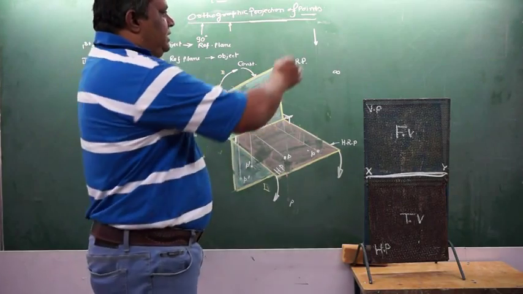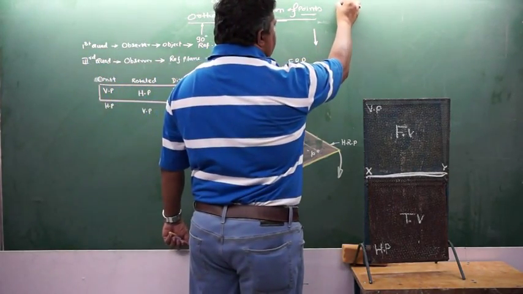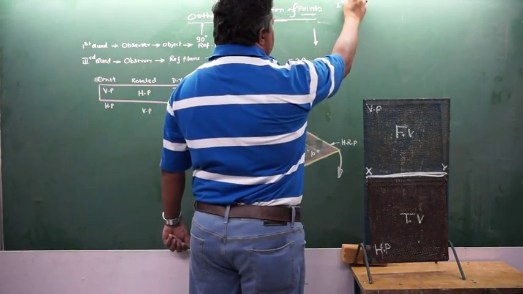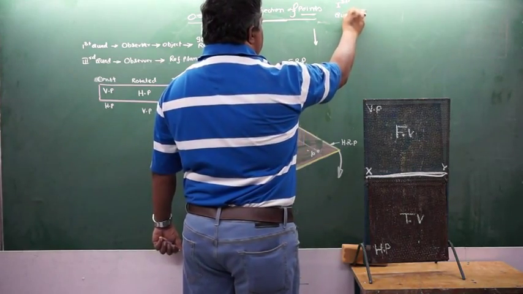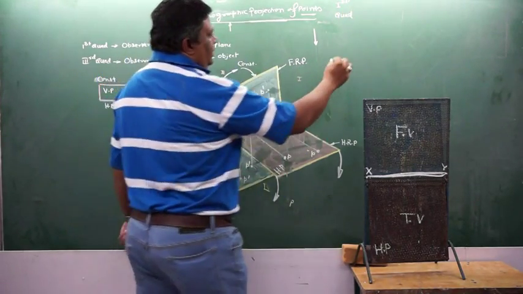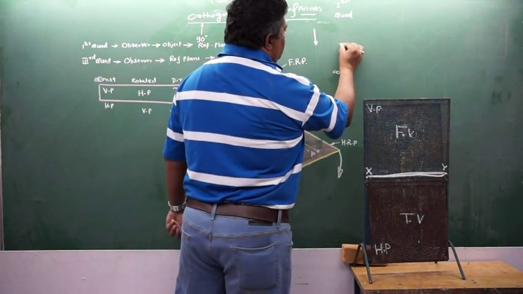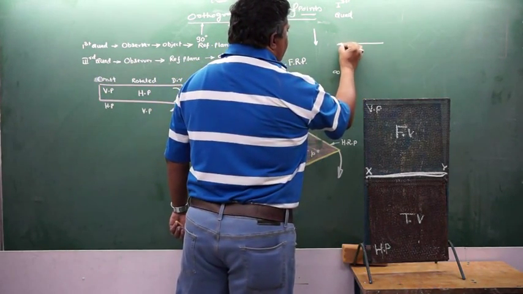Let's see how it happens. So when we talk about the first quadrant, then this is my XY line.